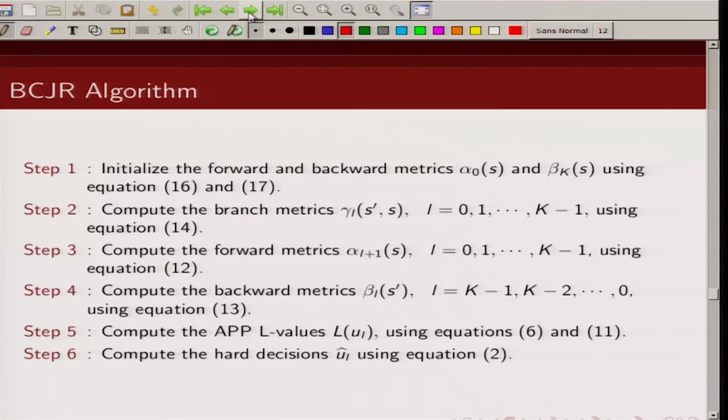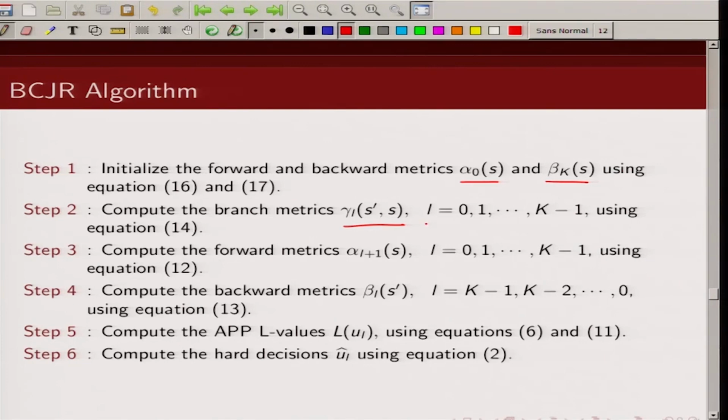So, to recap, how do we compute the a posteriori probability? The first thing is we need to initialize the values of alpha at time 0 and beta at the end of the block, which I am calling k. The next thing is, to compute alpha and beta, I need the branch matrix gamma.